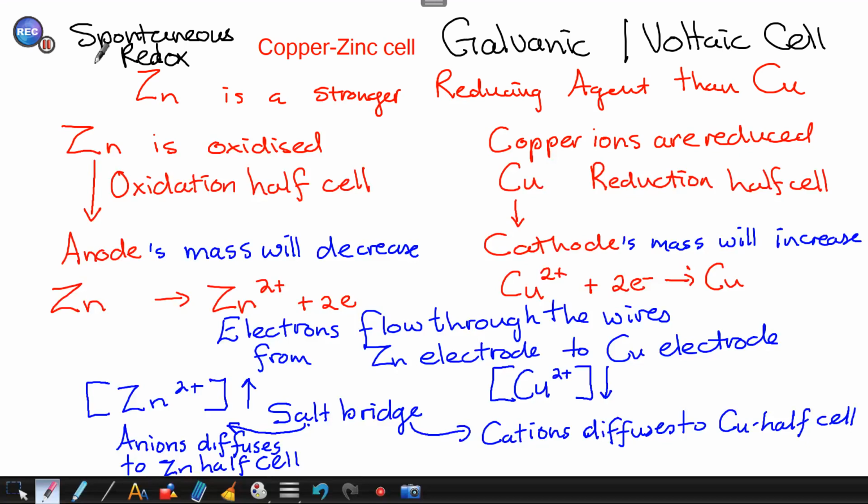So because the redox reaction is spontaneous, there is chemical energy being converted into electric energy.